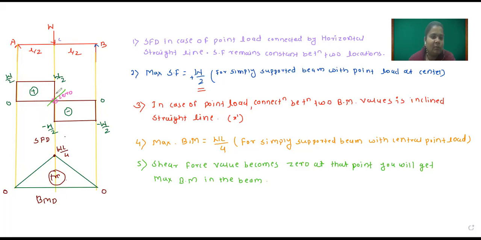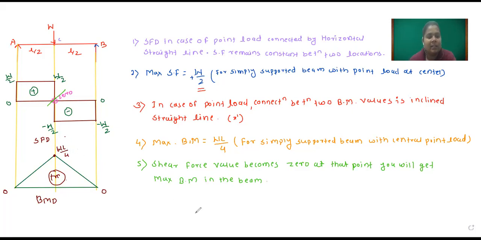Maximum shear force is W by 2 when a simply supported beam is given and a central point load is applied. After that, from this bending moment diagram, in case of point load, the bending moment diagram will be connected by an inclined straight line, and here x raised to power 1. So this 1 indicates the line is an inclined straight line. And the maximum bending moment for this simply supported beam with central point load is WL by 4.